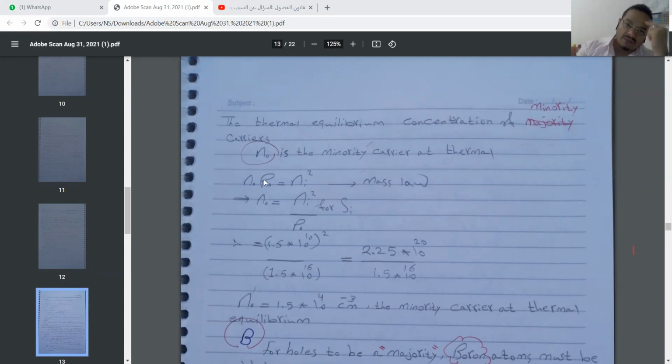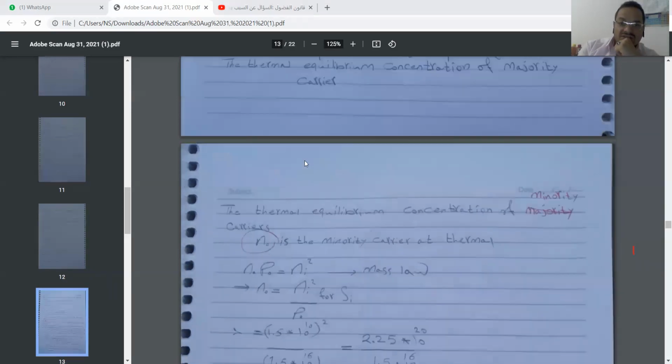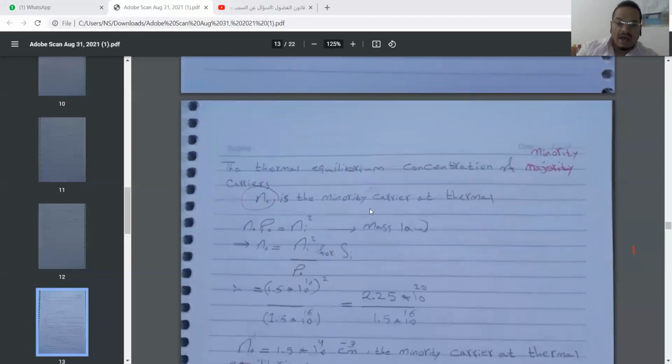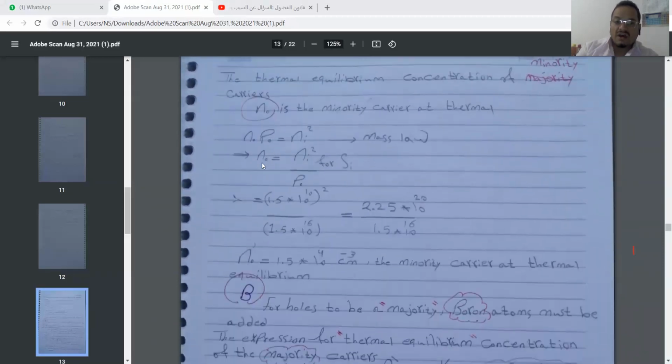By that, P naught, we calculated it here. It's 1.5 times 10 to the 16. And let's calculate the electron concentration. N naught equals the intrinsic carrier concentration squared divided by the concentration of holes.